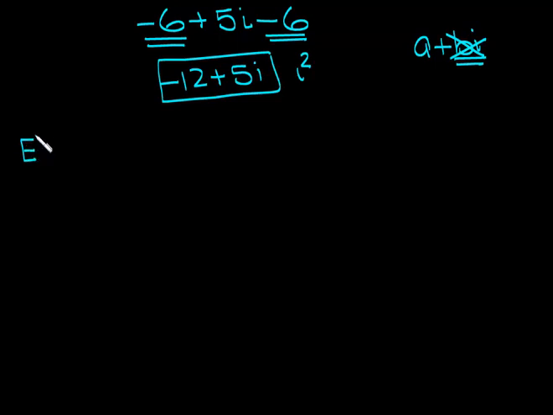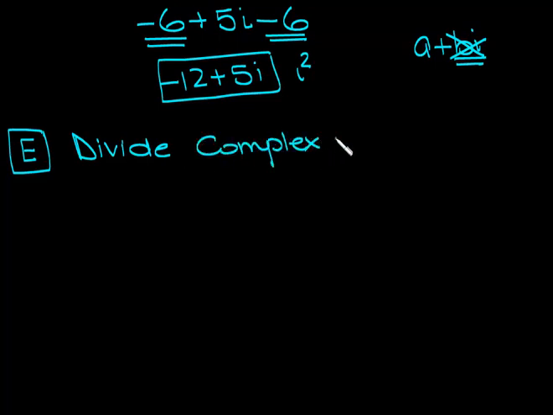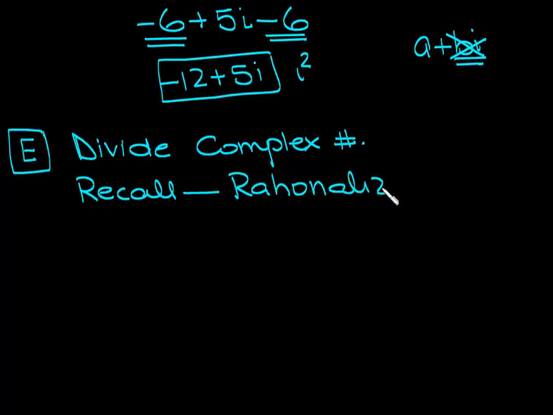The next thing we want to do is divide complex numbers. This is very similar to the topic we covered in the section on radicals on rationalizing. It's exactly the same. Because in essence, if you have a complex number in the denominator, let me show you two examples.